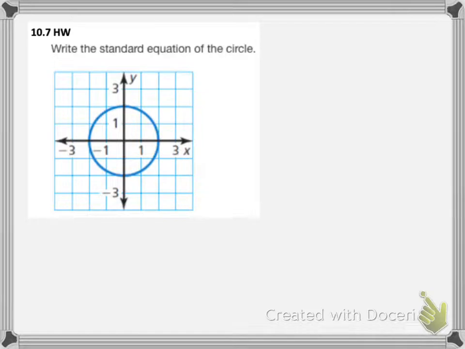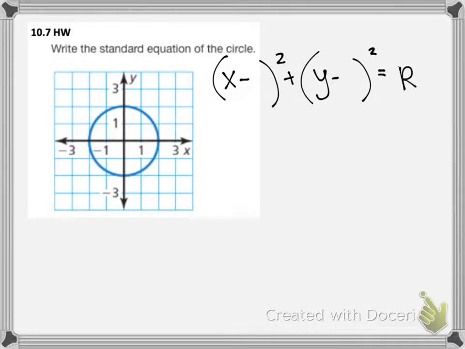10.7 was about writing the equation of a circle. So that looked like x minus something squared plus y minus something squared, and it equals the radius squared. So what you do with this is you plug in the center here. So you need to know the center of the circle, which is the origin, 0, 0.